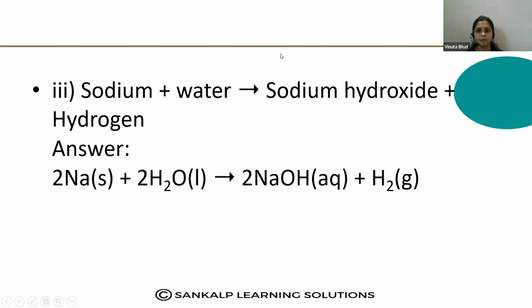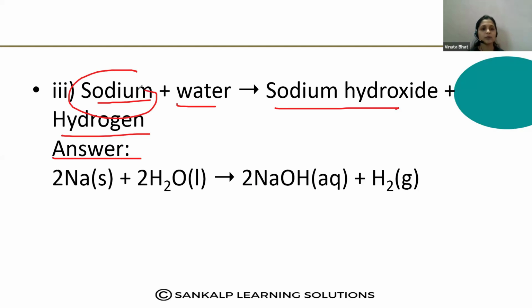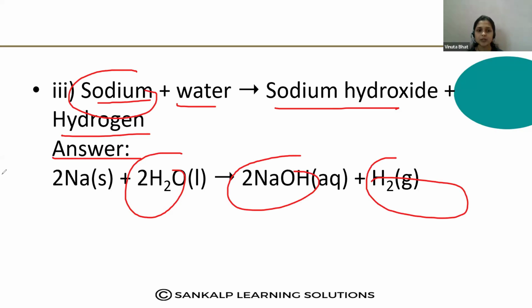Then sodium and water forming sodium hydroxide and hydrogen. Okay, the answer is also given here. Sodium is Na, water is H2O, and they form sodium hydroxide, NaOH, and hydrogen, H2. You have to balance that.